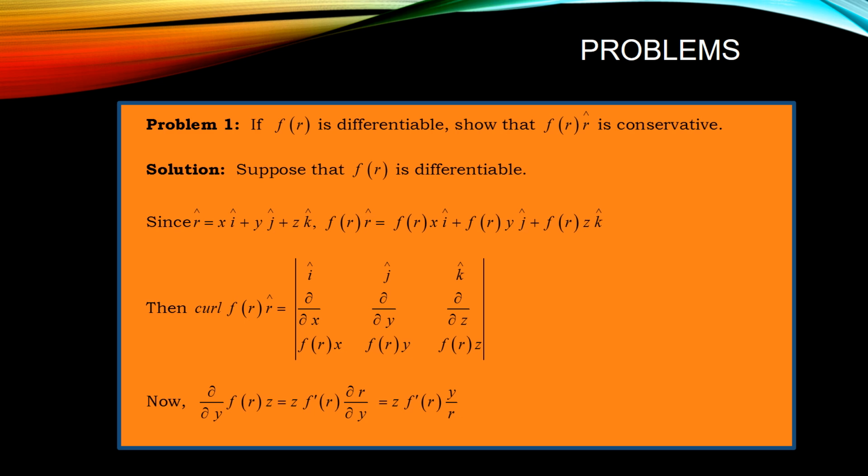That equals z times f'(r) ∂r/∂y. We very well know that the value of ∂r/∂y equals y/r. If we plug in that value here, we get ∂/∂y of f(r)z equals z f'(r) y/r.